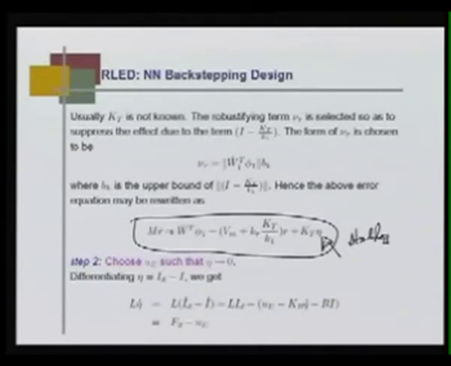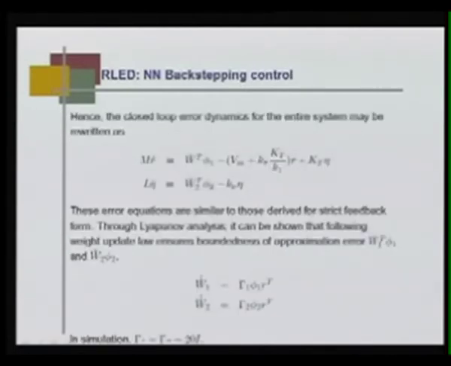Okay. So, now I got two closed loop error dynamics, m r dot is this quantity and L eta dot is this quantity.